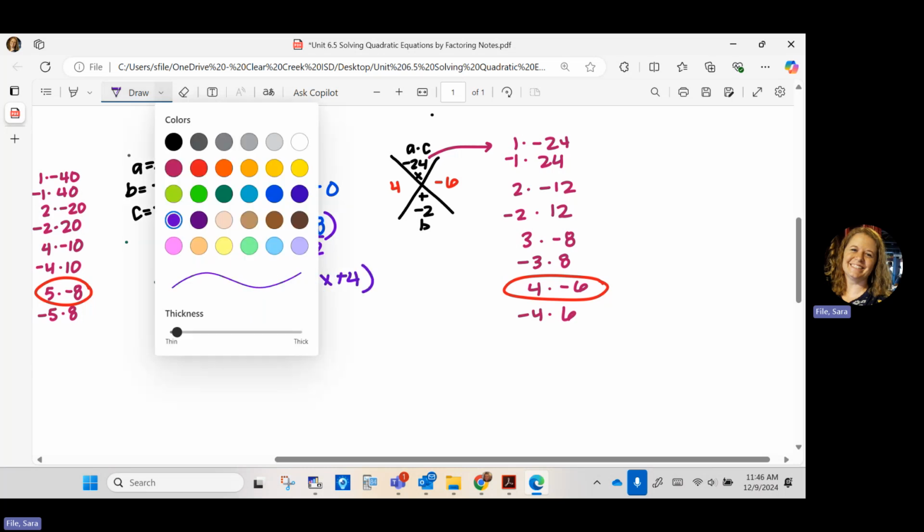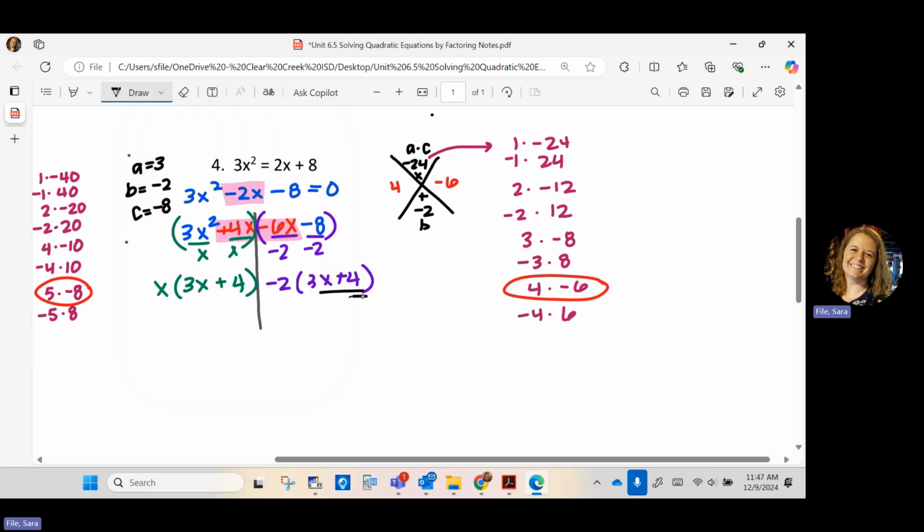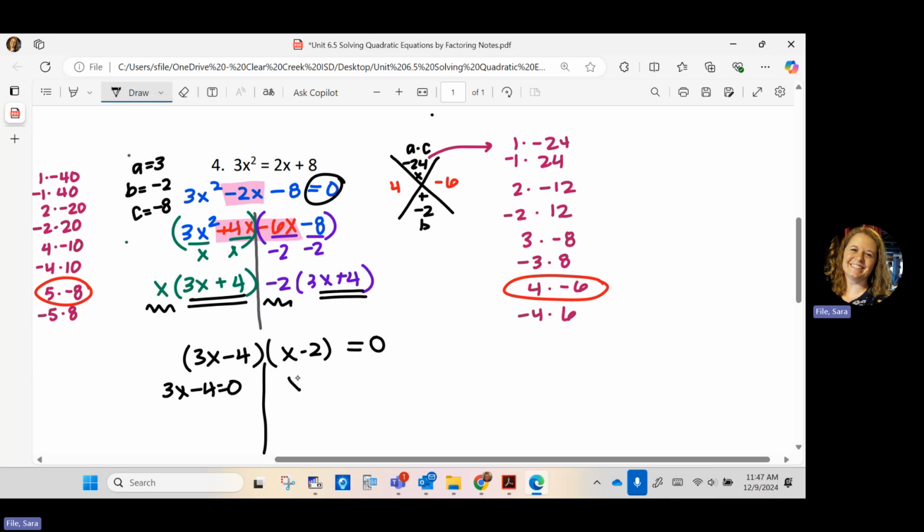And that is the point when we do this, that both of these come out the same. So 3x plus 4 is a factor. And we bring together those GCFs, x and minus 2, as our other factor. And this is all still equal to 0. Now we're ready to split and solve. And we set each factor equal to 0.